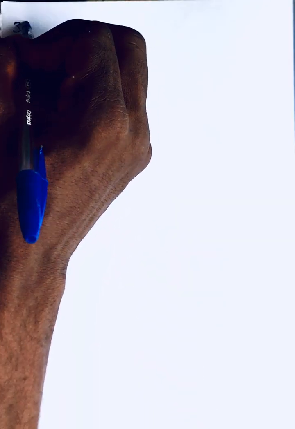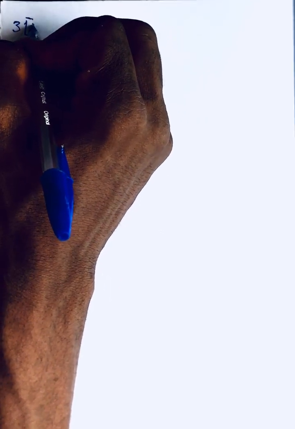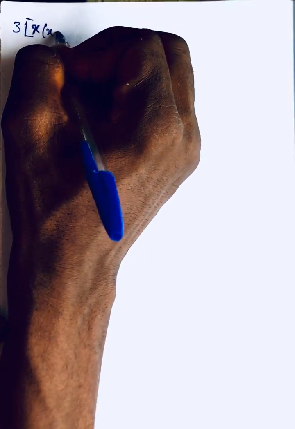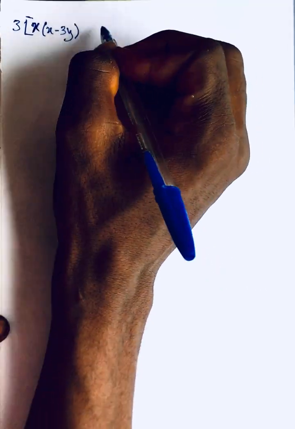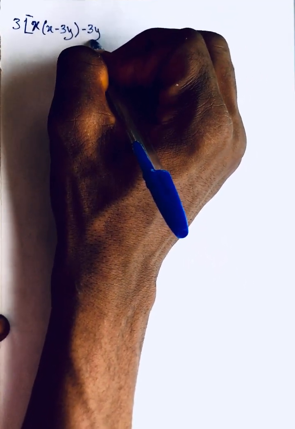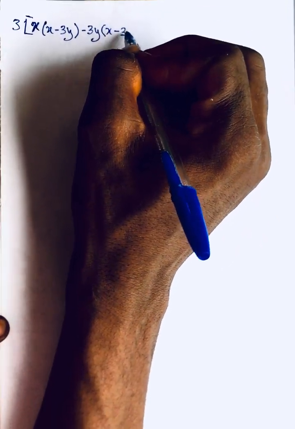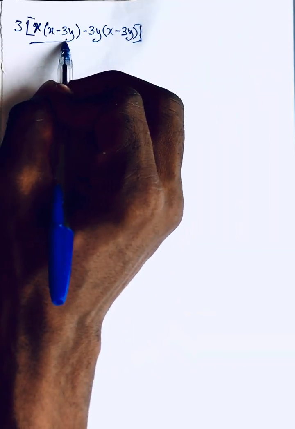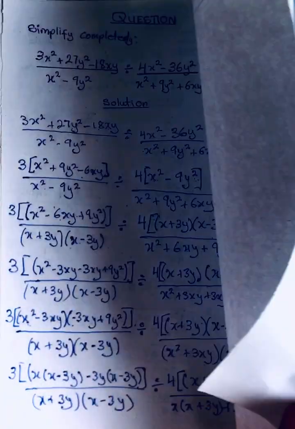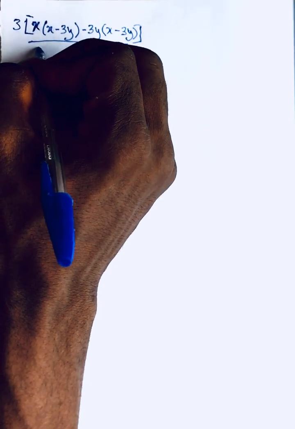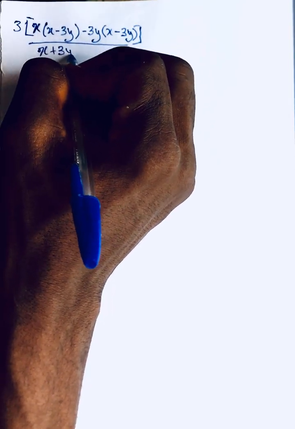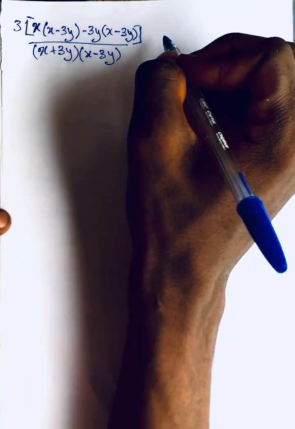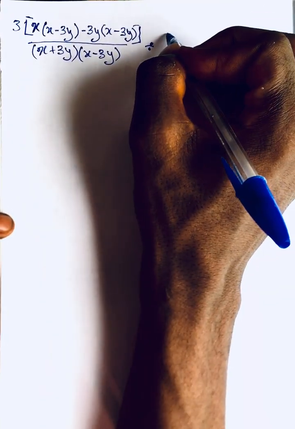We have 3, open bracket, we have x into bracket what? x minus 3y, minus 3y, x minus 3y, bracket all over, then x plus 3y, x minus 3y, all divided by what? 4.